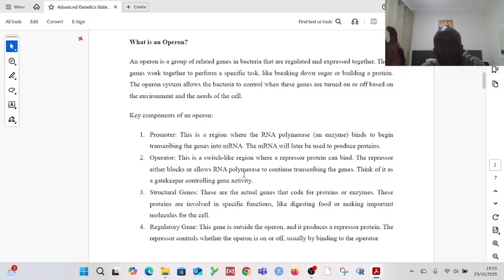How does it do that controlling? It does it by binding to the operator region. If it binds to the operator region, then the RNA polymerase cannot move along the DNA sequence. Lakini hiyo repressor ikikuja itolewe baadaye na kitu tutaona. I don't want to preempt it now.